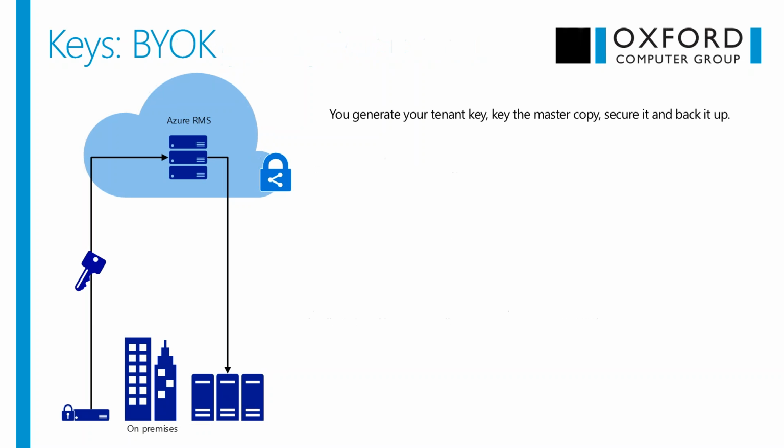The second option is the bring your own key method. This is where you generate your tenant key with an HSM, you keep the master copy, you secure it, and back it up on premise. Then you'll securely transfer your own tenant key to Microsoft's HSMs. You can either do that by going there in person, or there's now a way to upload it via a PowerShell commandlet.